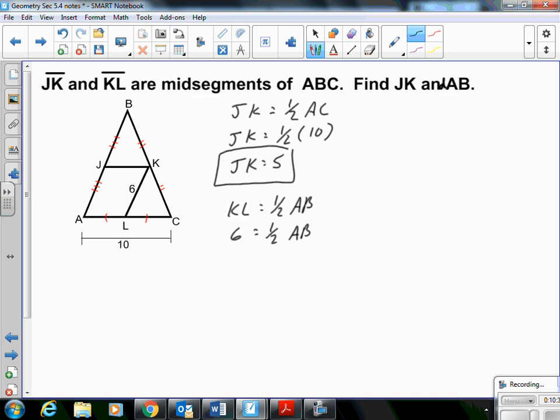Half of AB, which move the 1/2 over, we can divide by 1/2, which is the same as multiplying by its reciprocal. So over here we can multiply by 2. So AB is going to be 12. Pretty hard stuff. Probably could have done that in your head without setting them up.